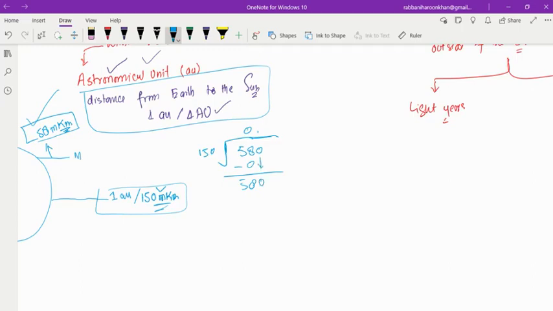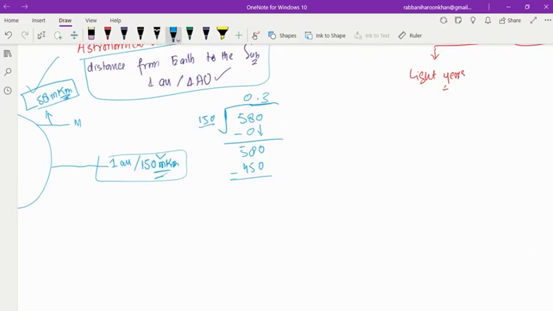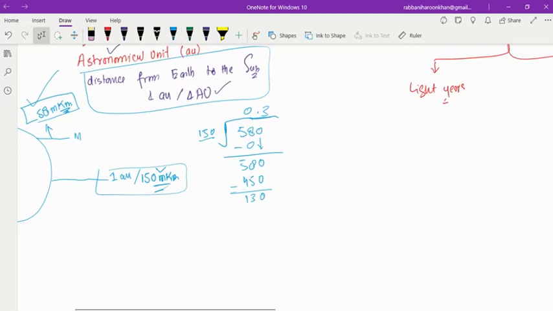Then again, how many times does 150 go into 580? 150 times 2 is 300, and 3 times is 450. Okay, so again we subtract and get 130, and then again we need to put another 0 here, according to the rules.